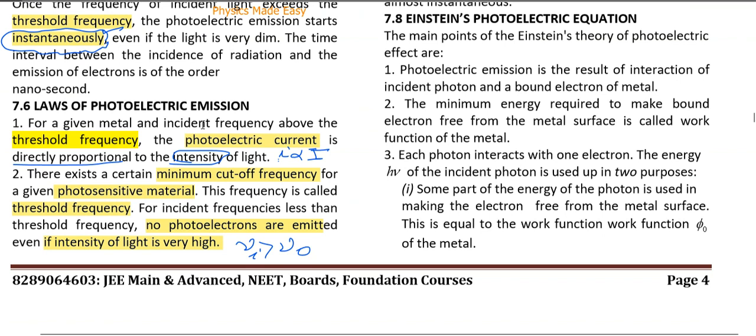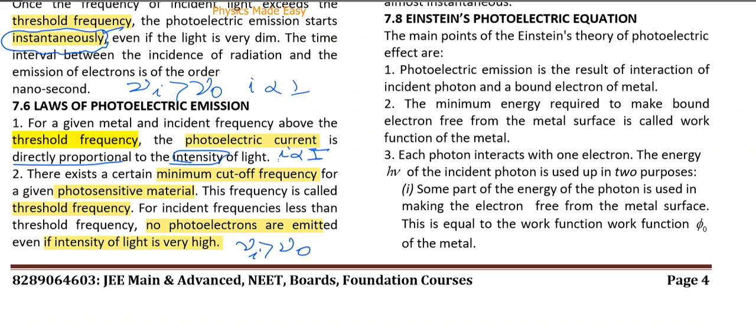The condition is that if the incident frequency, nu I, is greater than the threshold frequency nu naught, then photoelectric current is directly proportional to I.